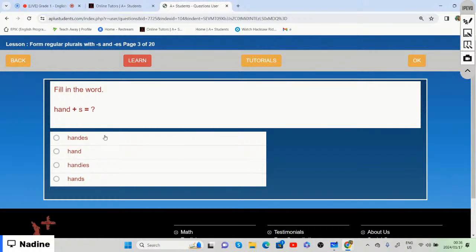And here, once again, we have hand plus S. We need to fill in the word. Do we say it's handis, which is option one, hand, which is option two, or hands?